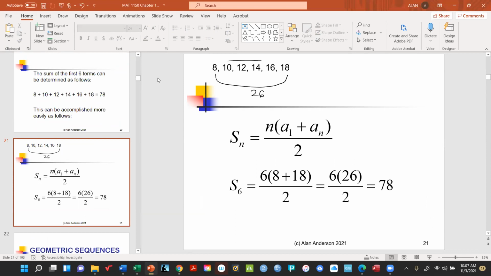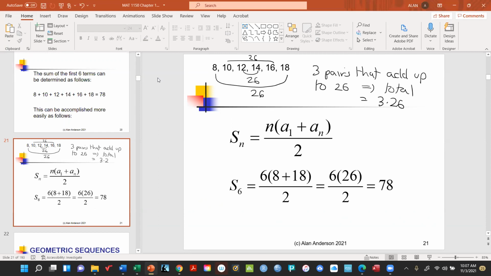We have another pair of numbers whose sum is 26, and another pair of numbers whose sum is 26. So between the 6 numbers, we have 3 pairs that add up to 26. So the total must be 3 times 26, which is 78. That's really what this thing is doing. I just thought you'd find that interesting.